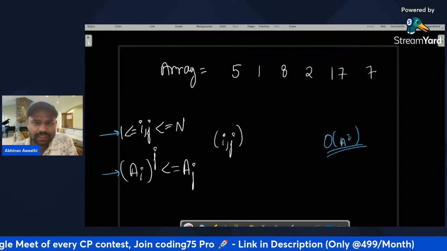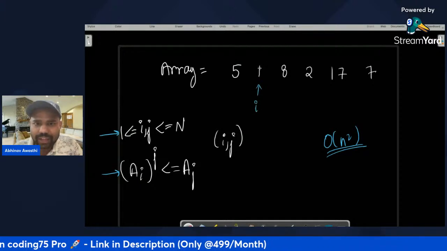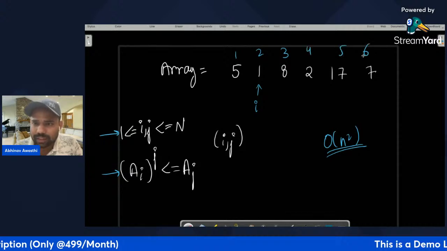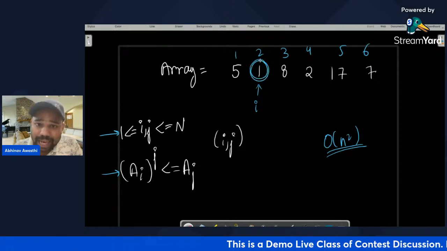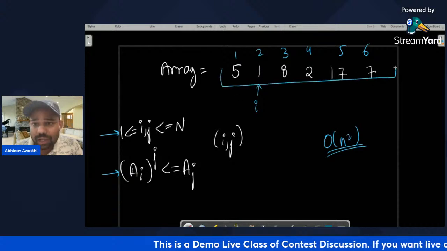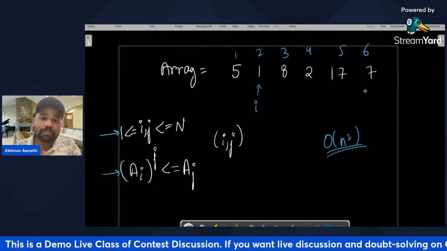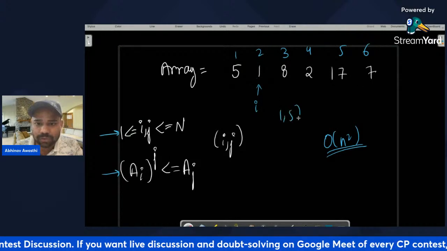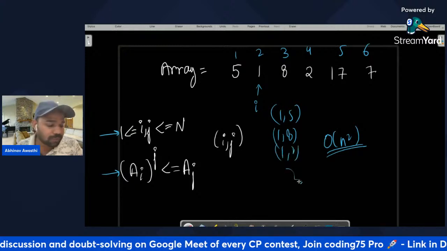A corner case, guys, is that whenever one of the values, let's say a_i, is 1, then it can be mapped with all the other numbers. Am I right? 1 can be mapped with 5, with 8, with 2, and all of that. Why?